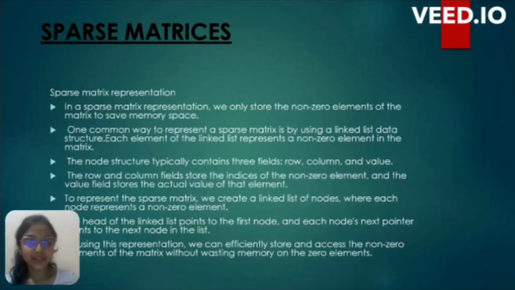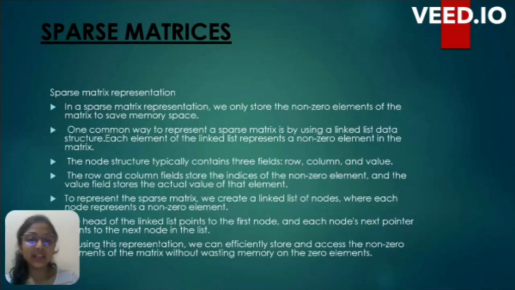Sparse matrix representation. In a sparse matrix representation, we only store the non-zero elements of the matrix to save memory space. One common way to represent a sparse matrix is by using a linked list data structure.